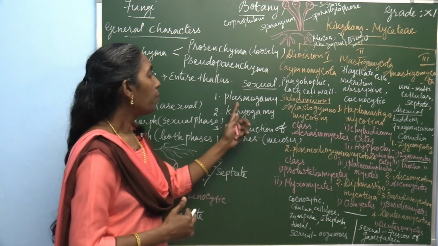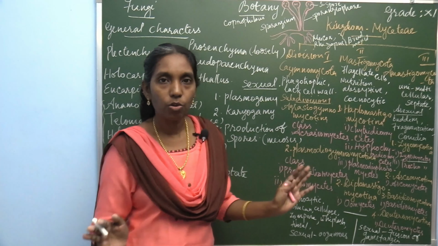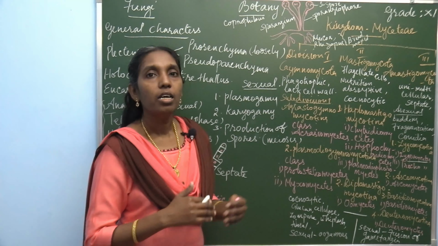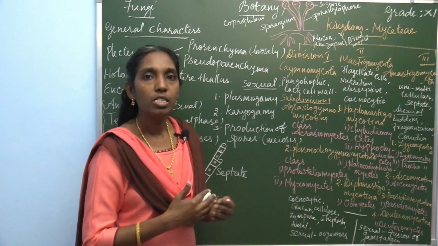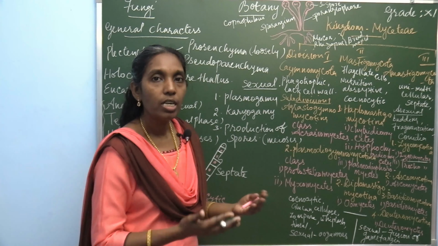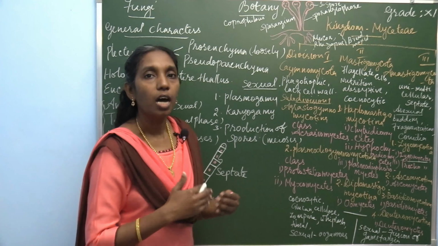So the kingdom Mycetae is achlorophyllous, saprophytic or parasitic, unicellular or multicellular, and the cell wall is made up of chitin. Sexual and asexual reproduction take place. Nutrition is absorptive type except in slime molds. These are the common characteristic features of Mycetae.